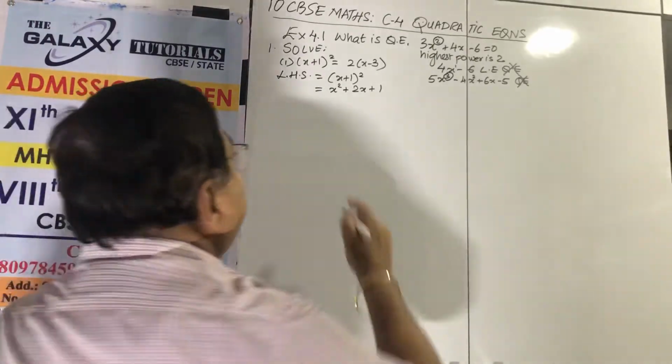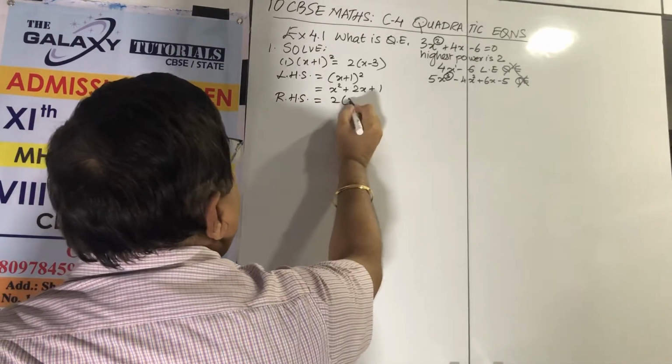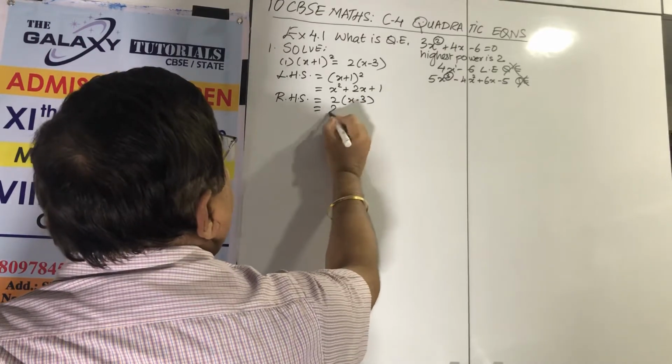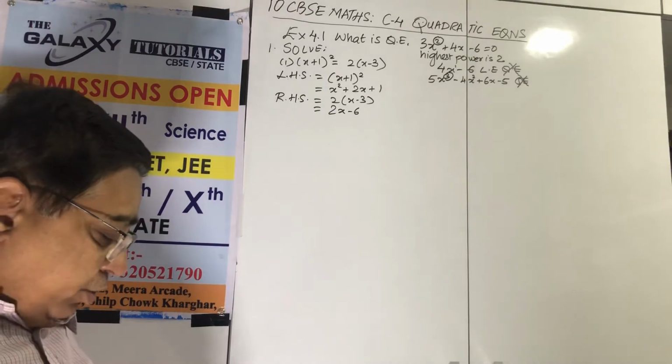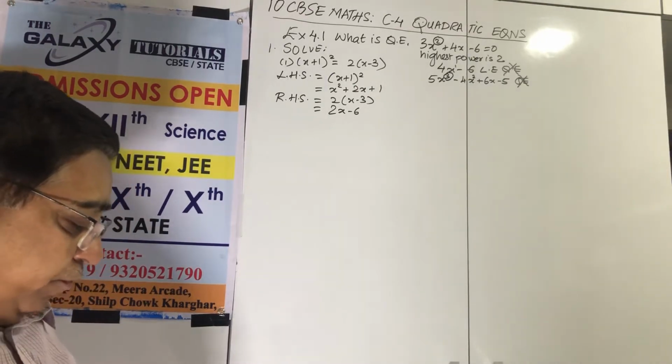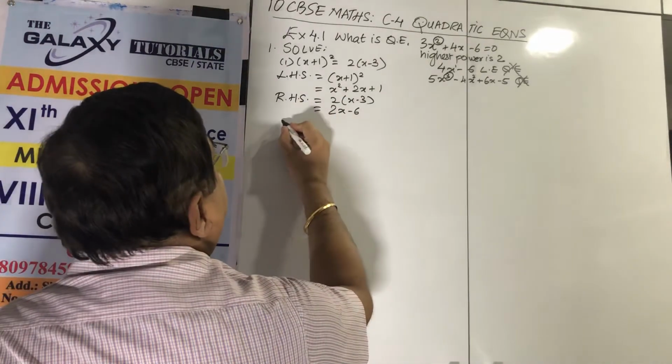Right hand side is 2 into (x minus 3), that is 2x minus 6, when I open the brackets and multiply each term by 2. Now, my friends, we have got both sides, so I can rewrite the equation.